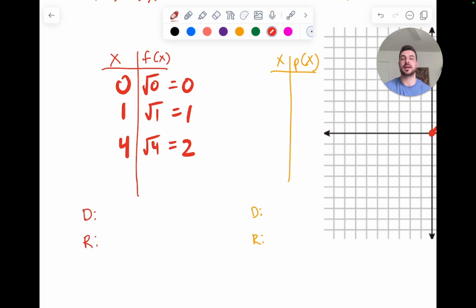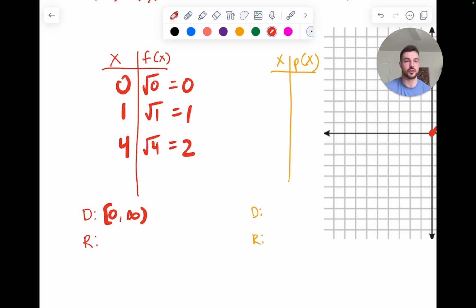The domain is how far to the left and right your function is going to go. Another way to think about domain is what x values can I plug in? Well, we can plug in from 0 all the way to infinity. Those are all positive numbers, and I'm going to put a parenthesis around infinity because we're not going to include it, and I'm going to put a bracket around 0 because 0 is included.